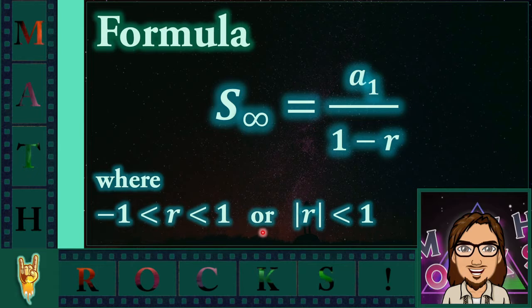Or we may also say that the absolute value of r is less than 1. You have also learned that in the definition of the common ratio, it is a non-zero real number.